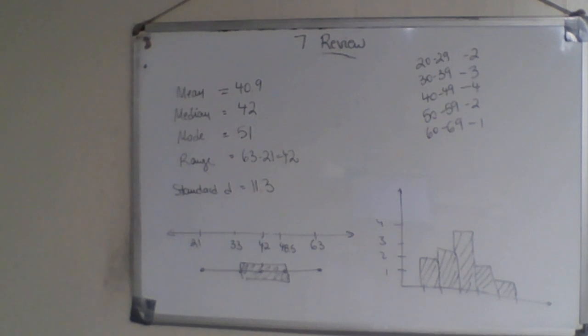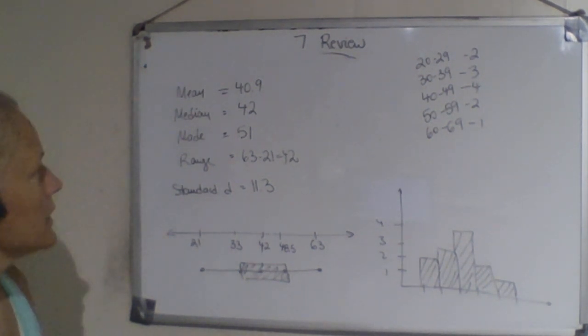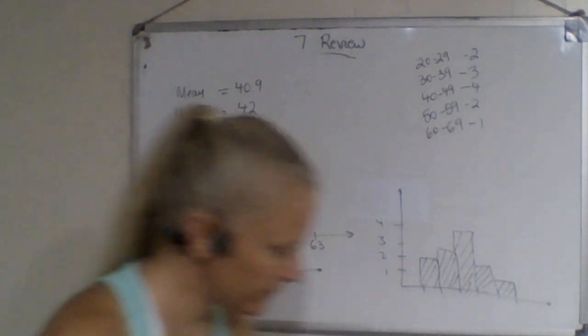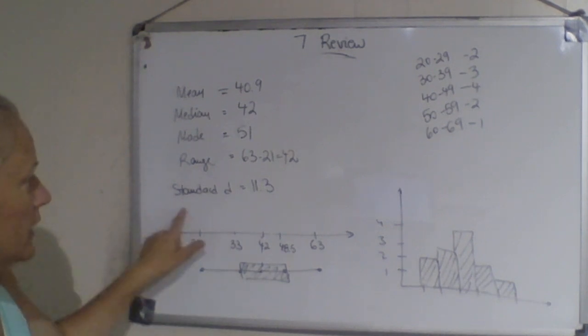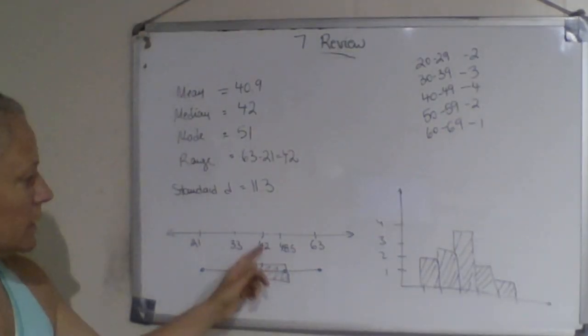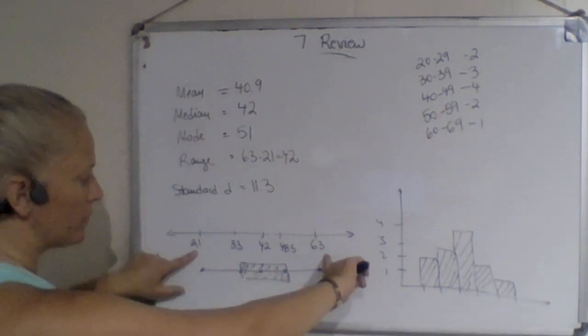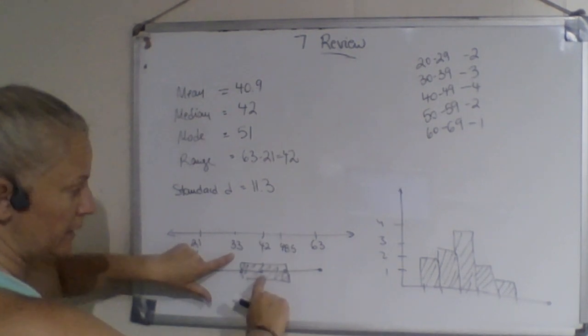Okay guys, here it is. The mean for your list should be 40.9. The median is 42. Your mode is 51 because 51 repeats twice. Your range is 42, 63 minus 21, and your standard deviation is 11.3 when we round out. Here's your box and whiskers. We plot the upper range, the lower range, upper quartile, lower quartile, and your median.